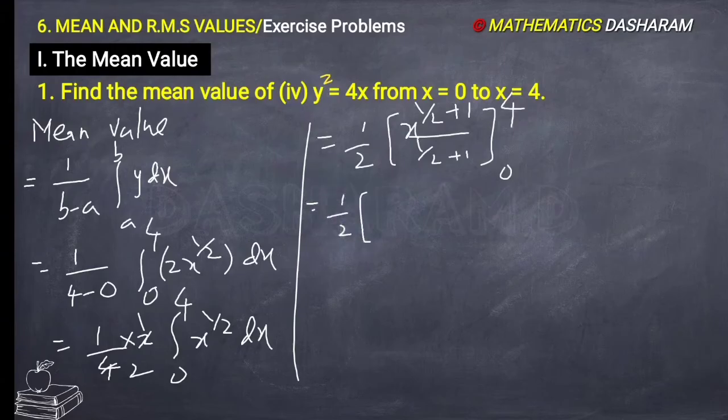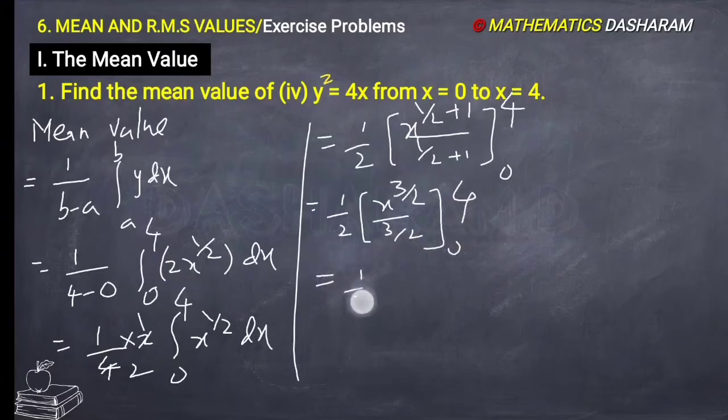So 1 by 2 integration x to the power of 3 by 2 by 3 by 2, 0 to 4. So 1 by 2, and 2 by 3 is a constant, okay, because here 3 by 2 is there, it will become reverse 2 by 3, and x to the power of 3 by 2 whole, from 0 to 4.